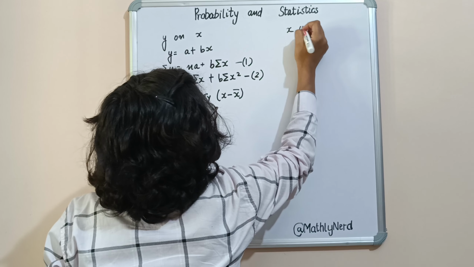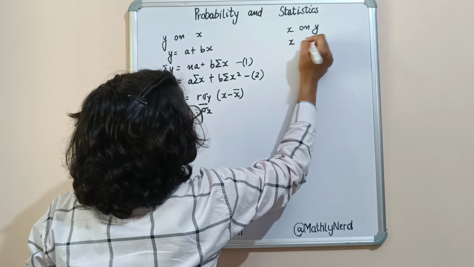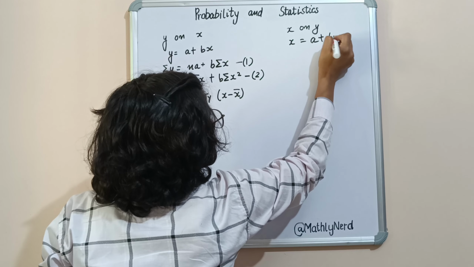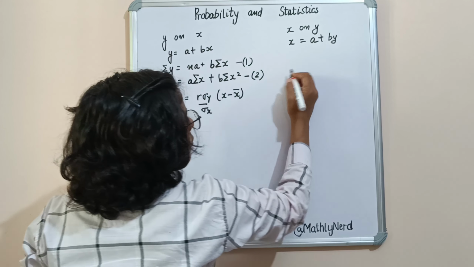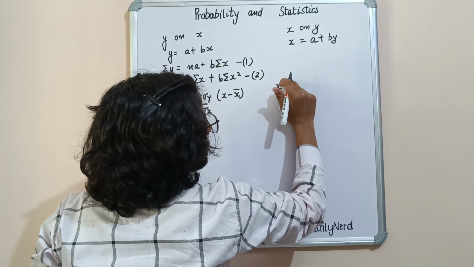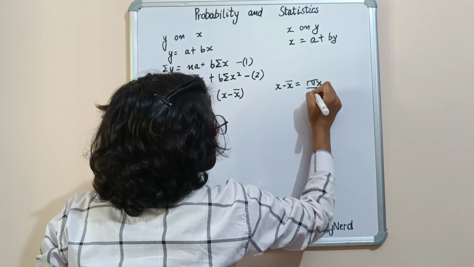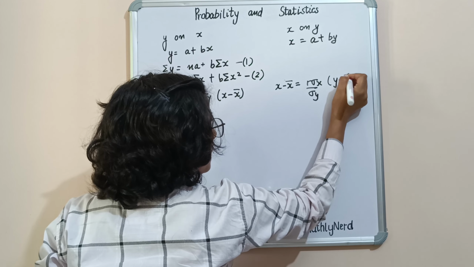Similarly, for x on y, we can write the equation x = a + by in a similar form: x minus x bar equals r sigma x by sigma y times (y minus y bar).